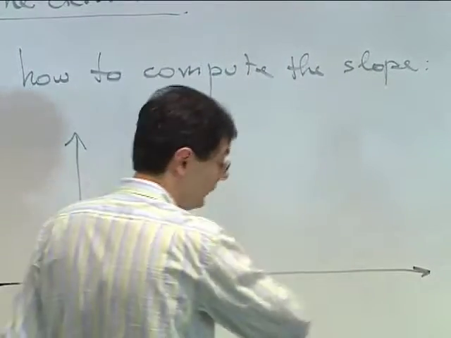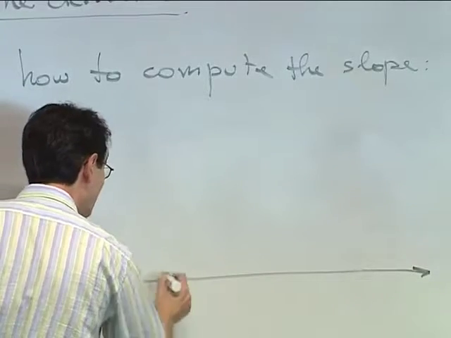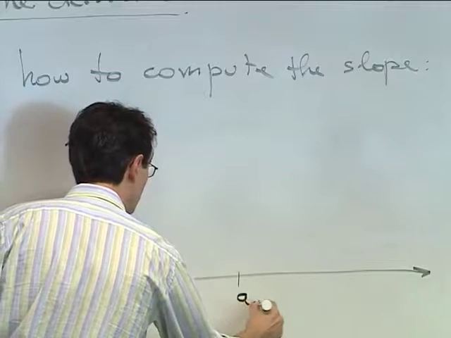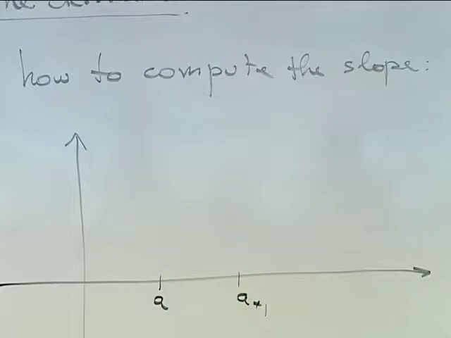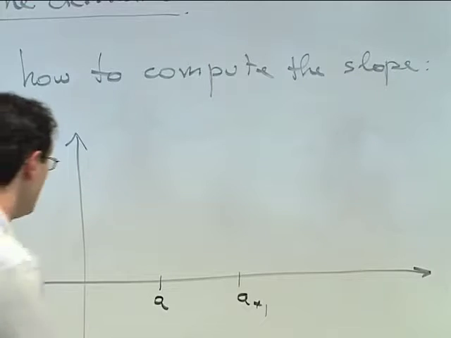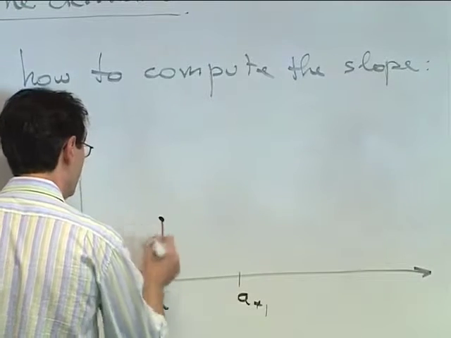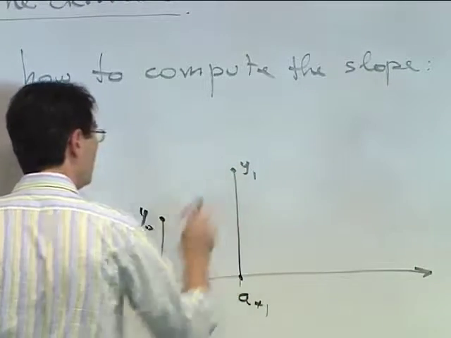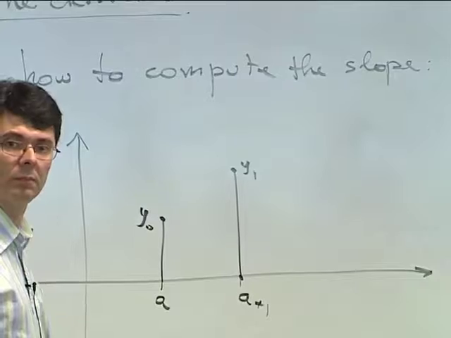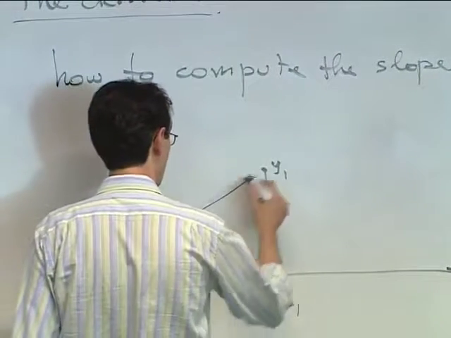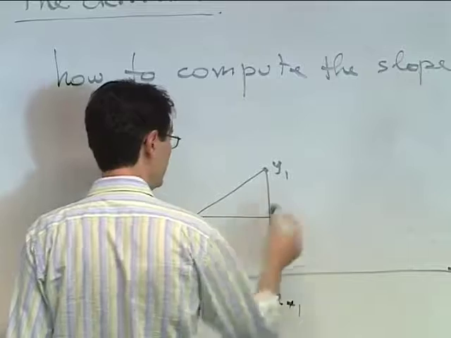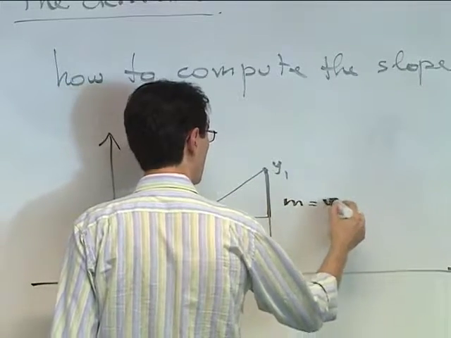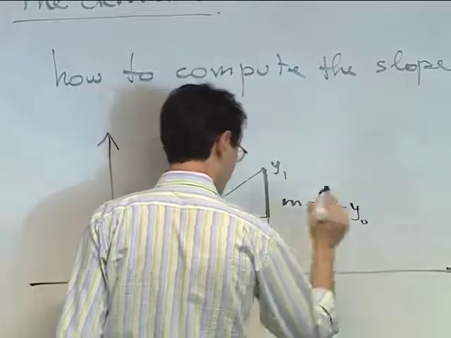What that is telling me is that if I pick any value a, and I go one more, and then I measure the corresponding heights, then the slope is going to be this height here, which is y1 minus y0.